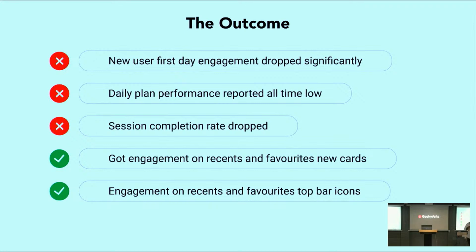Also, the daily plan, which was very successful in our previous version, reported an all-time low, and the amount of content engagement also went down. But we learned a couple of things. For example, we introduced recents and favorites icons on the top bar as a new enhancement, and that was getting a good number of engagements.